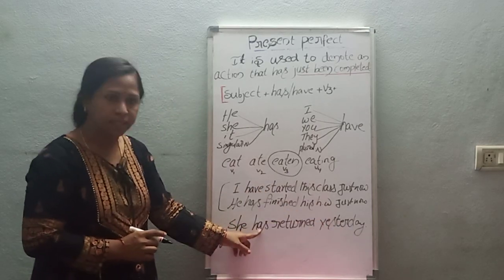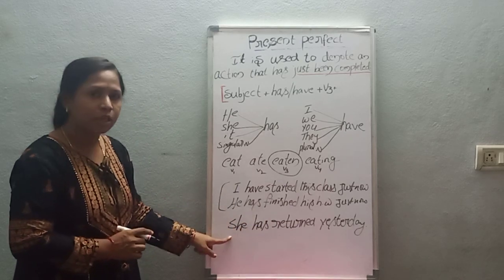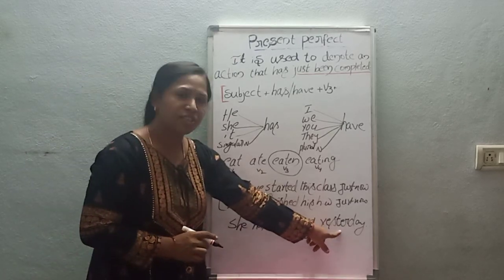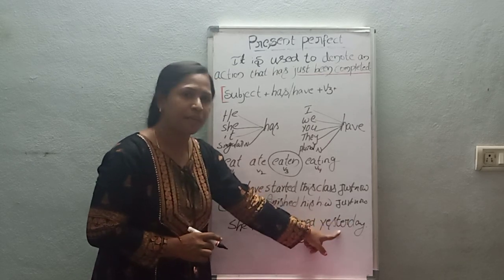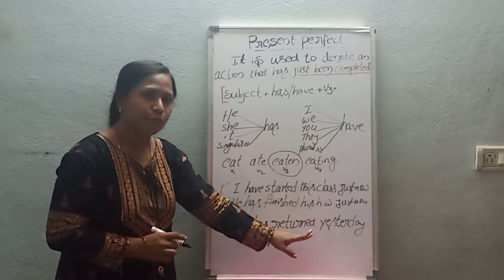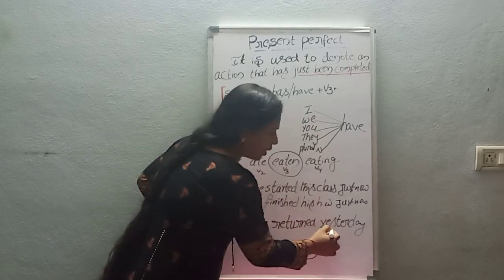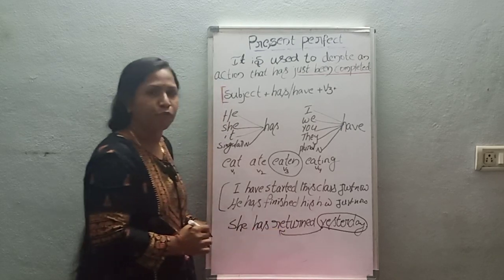Subject has, and the third form of the verb V3. This is present perfect. Here I mentioned finished time or point of time. If the point of time is used with present perfect, the sentence will be wrong. So we should not use any point of time for present perfect.